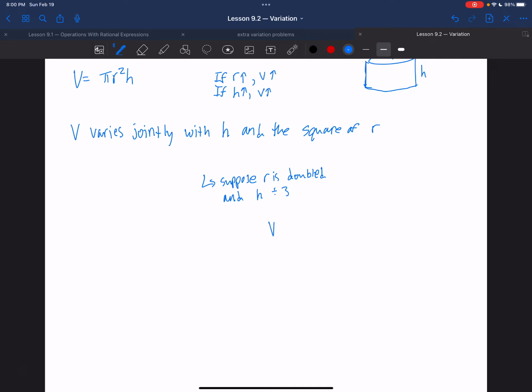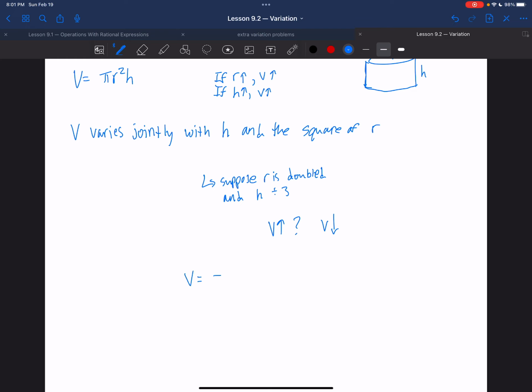Would our volume go up or would our volume go down? Well, doubled is like times 2, and division by 3 looks like I'm dividing by more than I'm multiplying by.